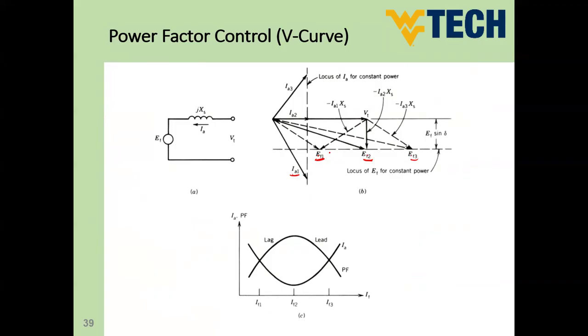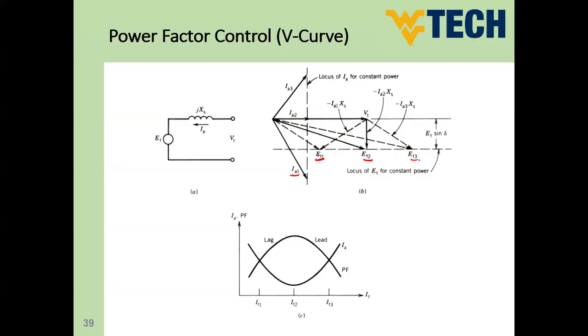So if we control the excitation, we can control the power factor. Because if the motor is lagging at EF1, at a small value of excitation, let's increase the DC supply. If we increase it to the EF2 value, the power factor is going to be unity. If we increase that to EF3, the power factor is going to be leading. So simply you can control the power factor using excitation.